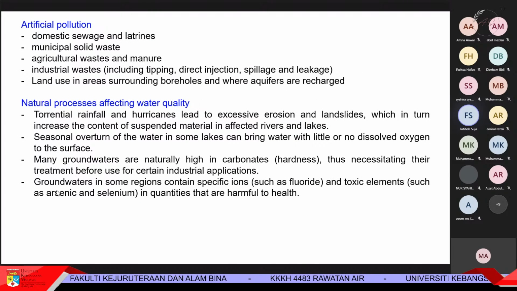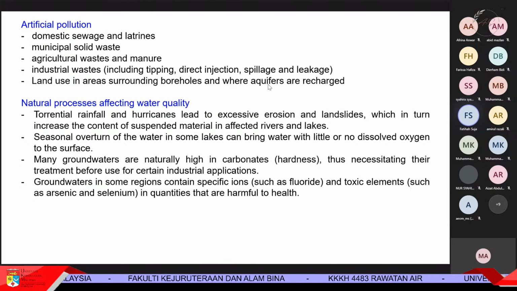And artificial pollution, like just now we talked about human activities, is artificial pollution to the groundwater. So domestic sewage and latrines, municipal solid waste, agricultural waste and manure, industrial waste, land use in areas surrounding boreholes and where aquifers are recharged.